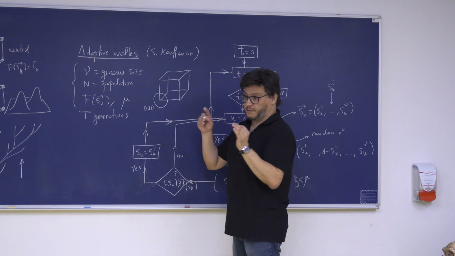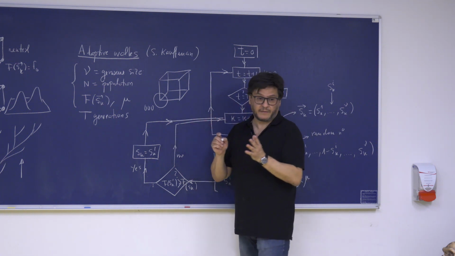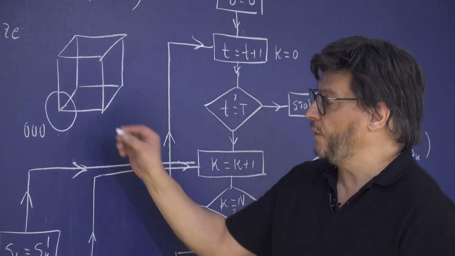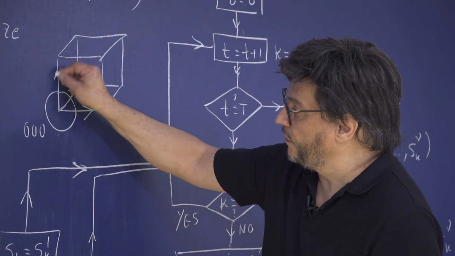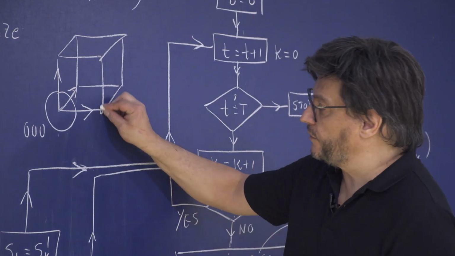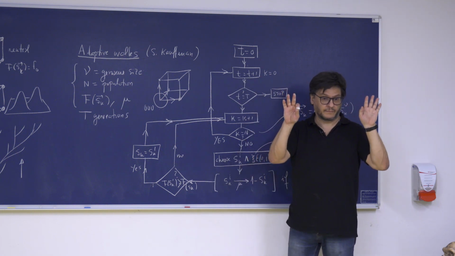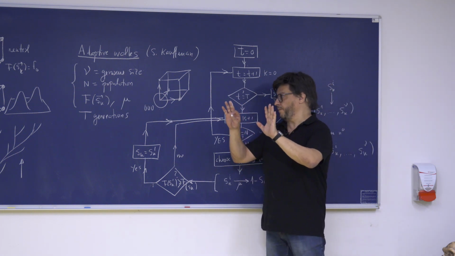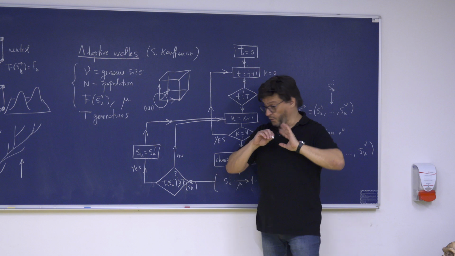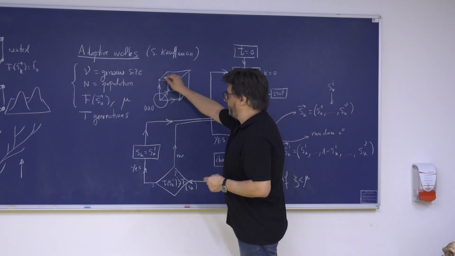It might be the first, the last or the middle, but any of them is fine. With some probability, I'm going to start moving the population to the nearest neighbors. I'm starting to diffuse uphill, because the fitness grows. When I finish with all the population, I start again with everyone, everywhere.